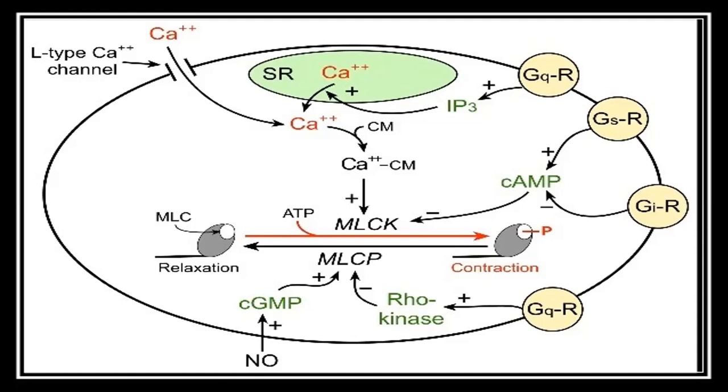Intracellular calcium is lowered through the action of a sarcoplasmic reticulum calcium ATPase pump, that is the SERCA, and extrusion of calcium from the cell by the 3-sodium 1-calcium antiporter and a sarcolemmal calcium ATPase pump.